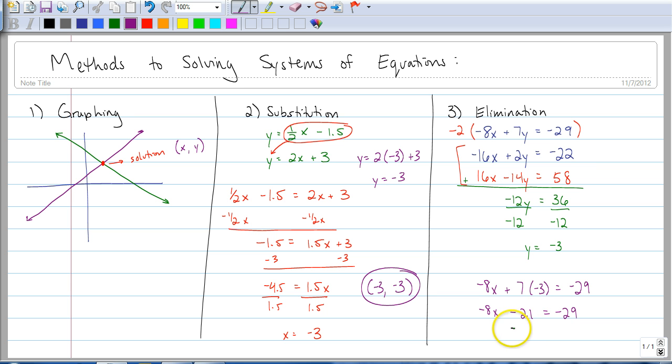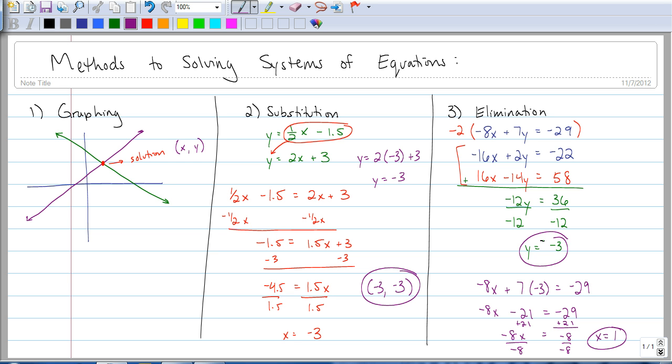So if I add 21 to both sides, I get -8x equals -8. So you can see now that if I divide both sides by -8, x equals, well, -8 divided by -8 is a positive 1. So I get that x equals 1 and y equals -3.